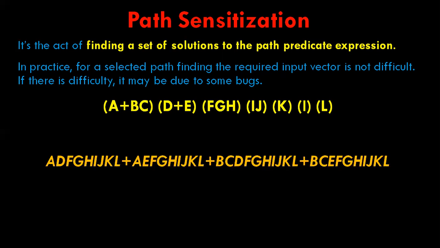The act of finding the set of solutions to these path predicate expressions is called path sensitization. The main purpose of all this discussion has been to explore the sensitization issues and to provide insight into the tools that help us sensitize the paths.